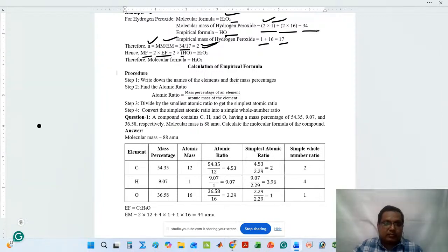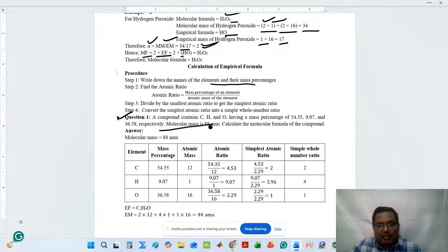Step 1: Write down the name of the element and the mass percentage. Suppose I take this question 1. Here in this question, what is the data given? A compound contains carbon, hydrogen and oxygen having mass percentages of 54.35, 9.07 and 36.58 respectively.